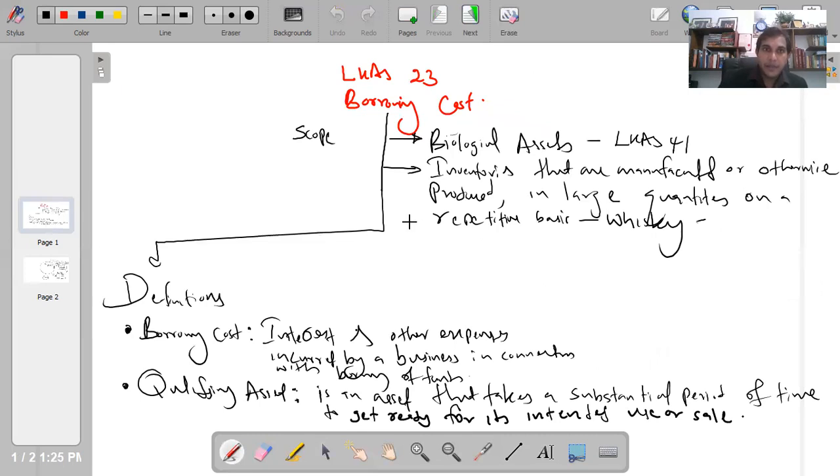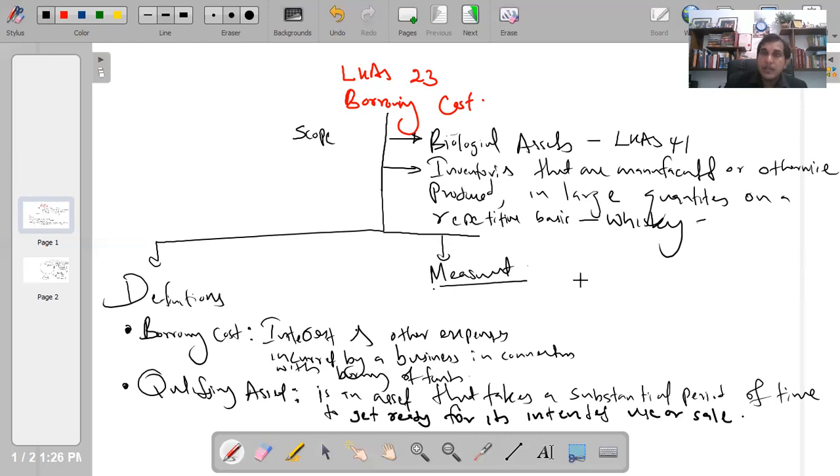Then I would like to emphasize measurement, how we are going to measure borrowing cost, right? This is very important.